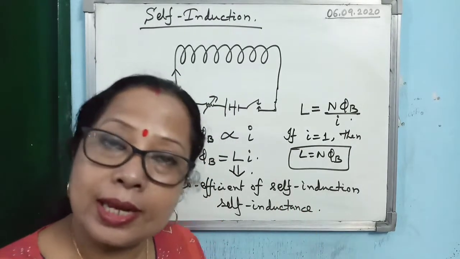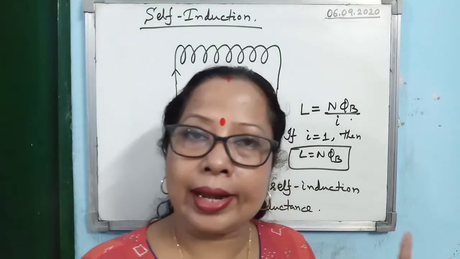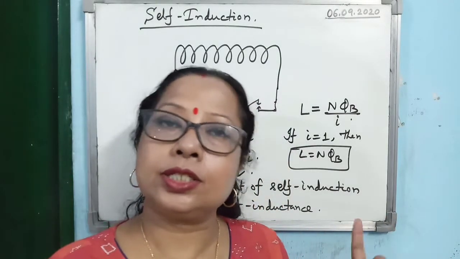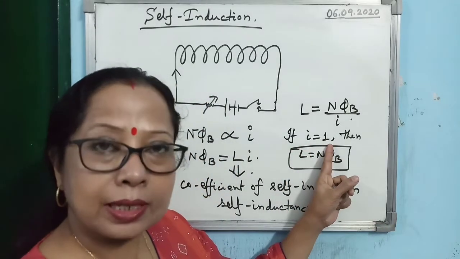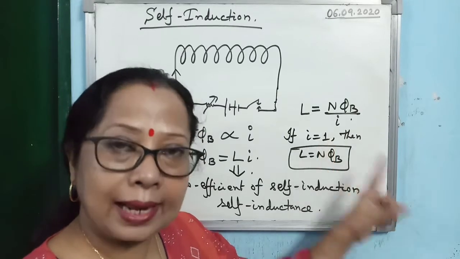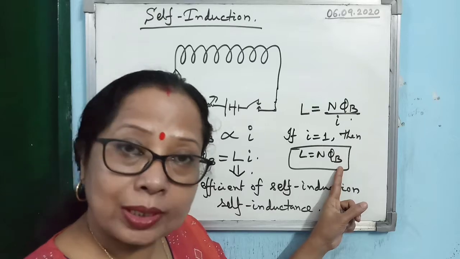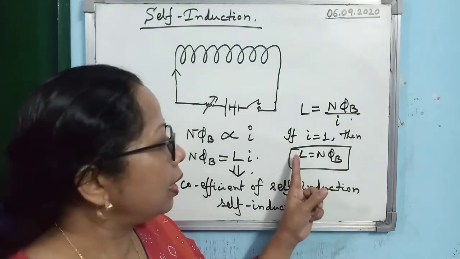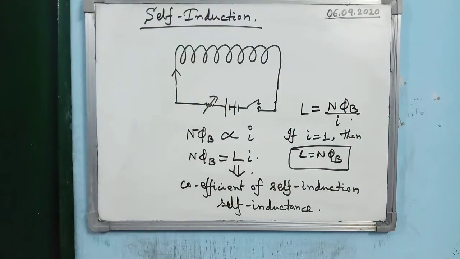This definition you must learn. Verbally I am saying it, I am not writing, so you must write it yourself. Start with I equal to 1, meaning when unit current passes through the coil, the total magnetic flux linked with the coil gives the measure of the coefficient of self-induction of the coil.